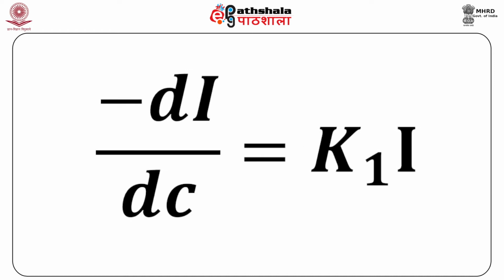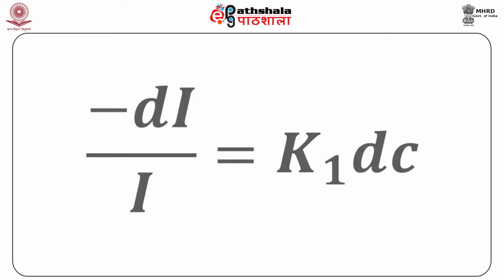Introducing the constant of proportionality represented by K1, the equation transforms as minus dI by dC is equal to K1 I. The terms are rearranged and we get minus dI upon I is equal to K1 dC.